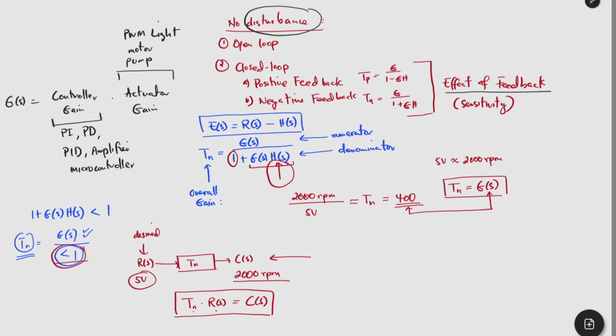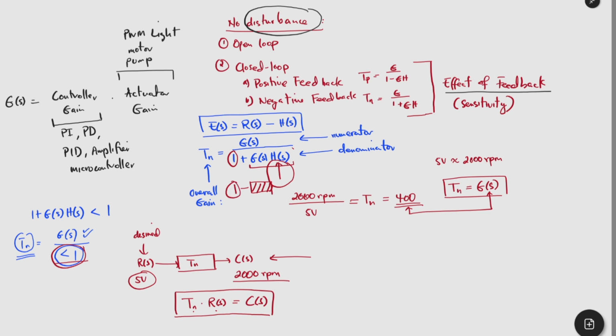Therefore, this value will be in a negative direction. So 1 minus any value for the controller and the actuator, which is G of s multiplied by the feedback, we now should have a value here which is negative. So 1 minus a negative value will give us a value which is less than 1.